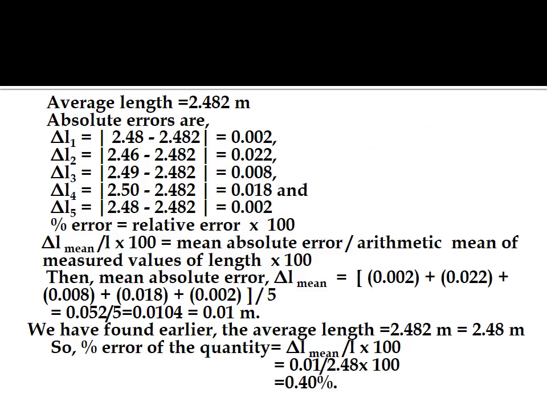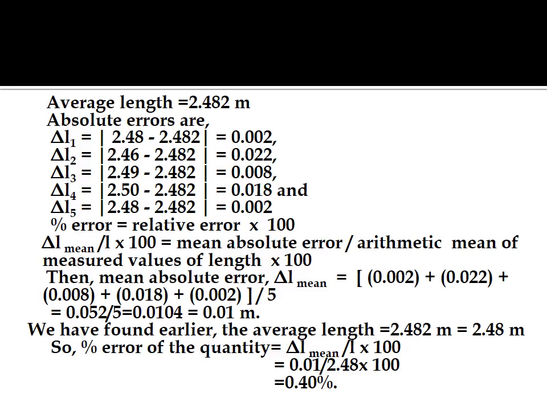Secondly, we have to find absolute error in each observation. The absolute errors are, for L1, delta L1 is equal to modulus of 2.48 minus 2.482 is equal to 0.002.